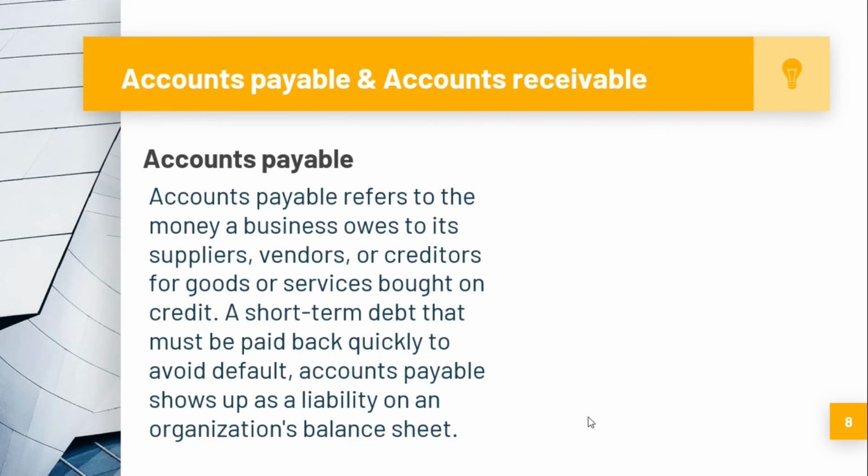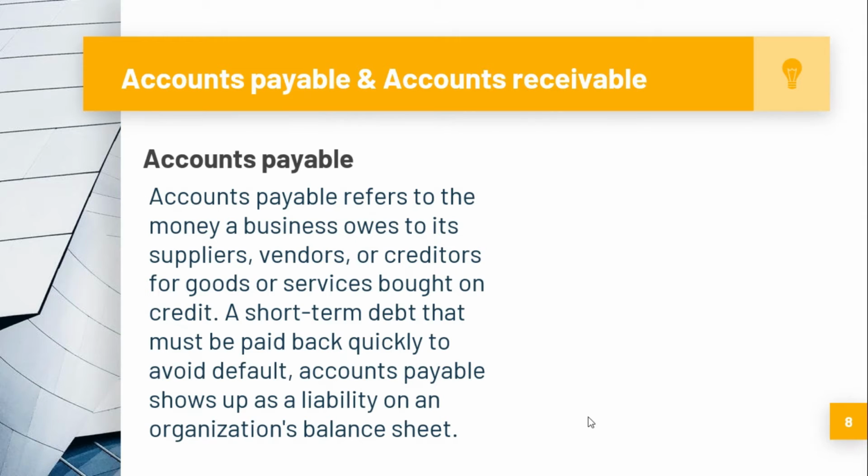Accounts payable. Accounts payable refers to the money a business owes to its suppliers, vendors, or creditors for goods or services bought on credit. So now let's take the same example that you are a laptop manufacturing company. You have bought the raw materials from your supplier on credit. That is, the supplier will give you the raw materials now, but you will pay the money later. So the money which you have to pay back to your supplier is known as accounts payable.